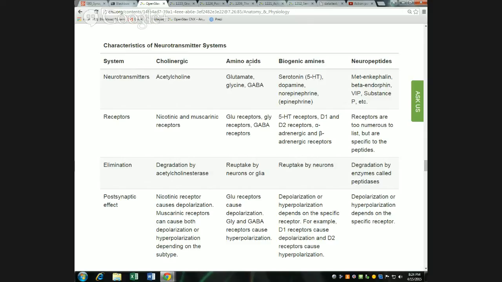I usually get this backwards, so I don't really care anymore at this point. We'll pretend what I'm about to say is in fact correct. D1 receptors cause excitation and D2 receptors cause inhibition. I might have gotten that backwards, and at this point it doesn't matter. The point I'm making is one type causes excitation, the other type causes inhibition.